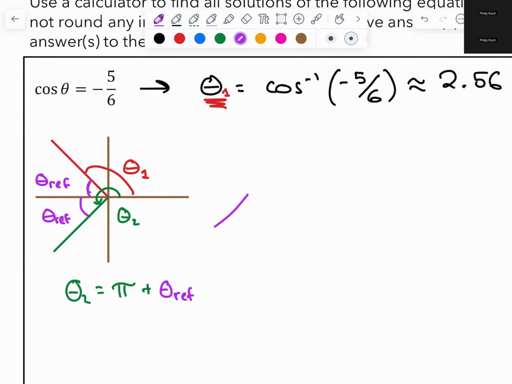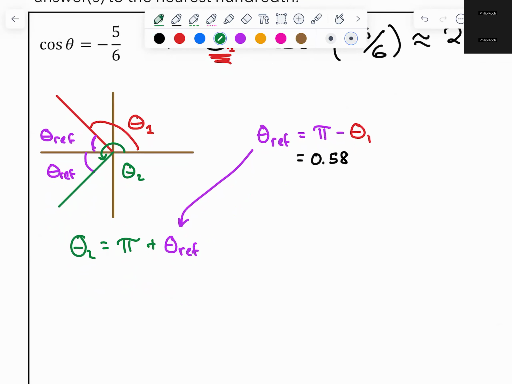So theta sub reference will equal pi minus theta sub 1, which is approximately, so pi minus 2.56 is 0.58. So theta sub 2 is pi plus 0.58, which is approximately 3.72. And that is also between 0 and 2 pi.